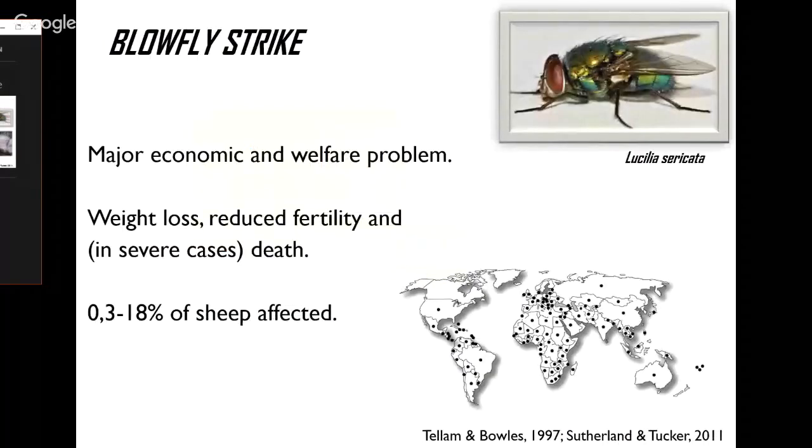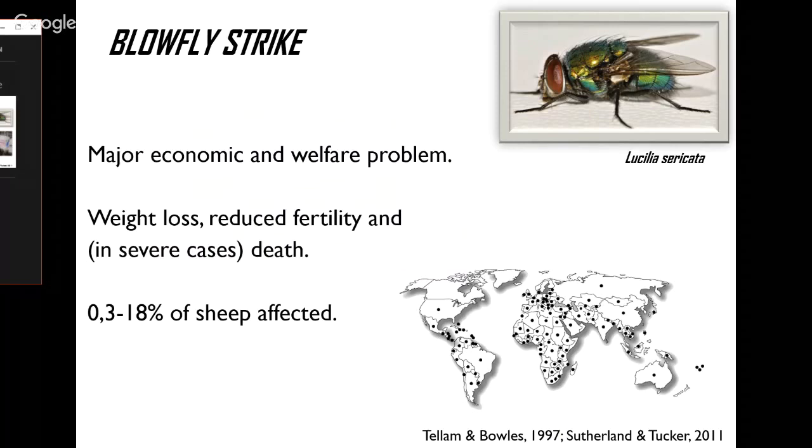Now, blowfly strike might be a major economic and welfare problem in different parts of the world. The fly that appears on this slide here is one of the species that causes blowfly strike. It's the main species in Europe. There are other species in other parts of the world.